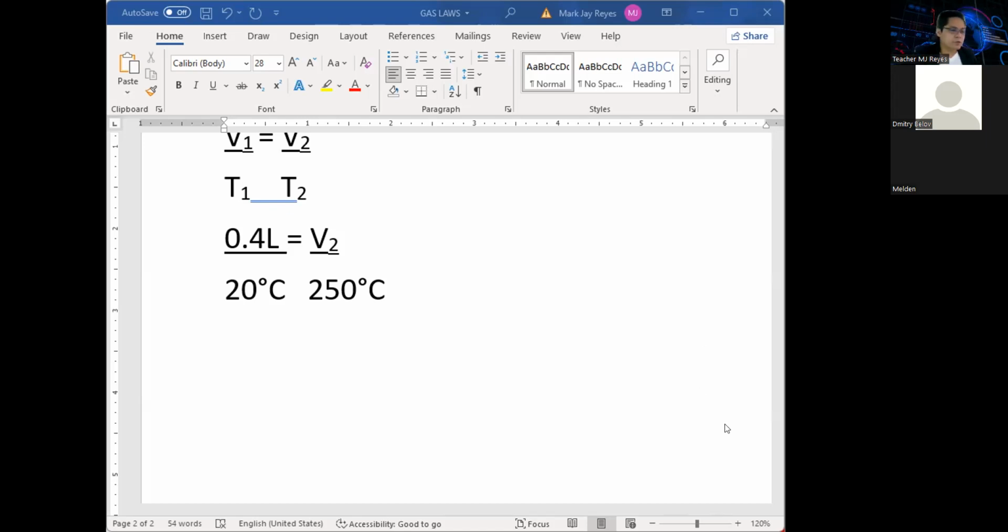Right? So if you're going to look at Charles' law, Charles is actually using Kelvin, and we are still using degrees centigrade. How can we convert degrees Celsius into degrees Kelvin? Okay, conversion factor. The conversion factor for degrees Celsius in order to be converted into degrees Kelvin is only what?